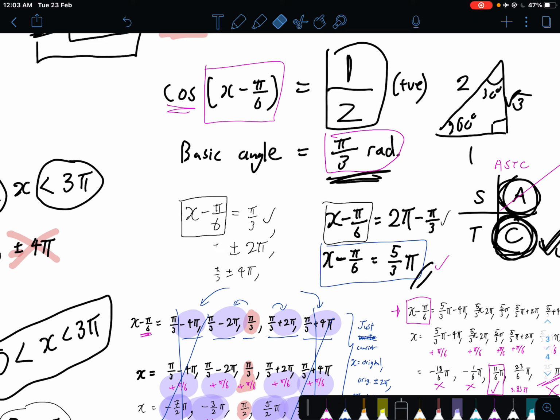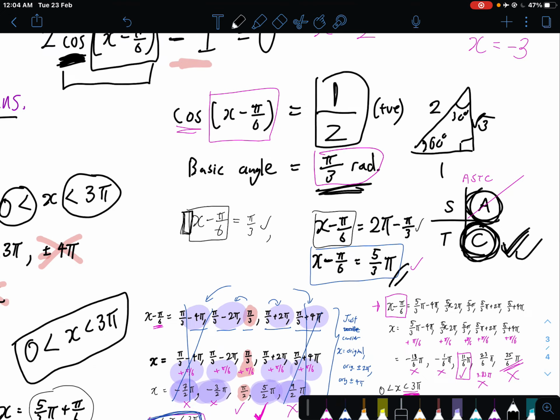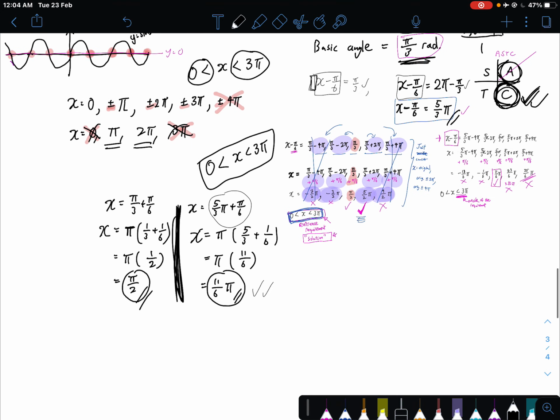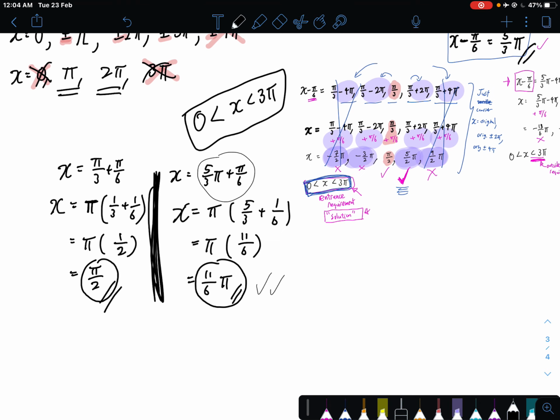Why do I want to emphasize that? Because later on I'll give you another example where if you don't plus minus the 2 pi, you will miss out on some of the answers, especially when the coefficient of x here is no longer a 1. I'll elaborate more on that with another example. But anyway, now we have already managed to find all of our solutions.